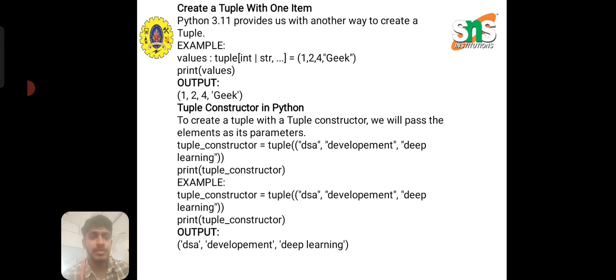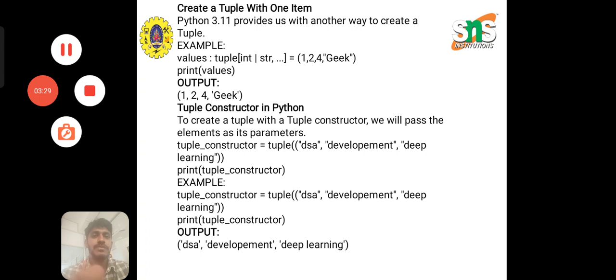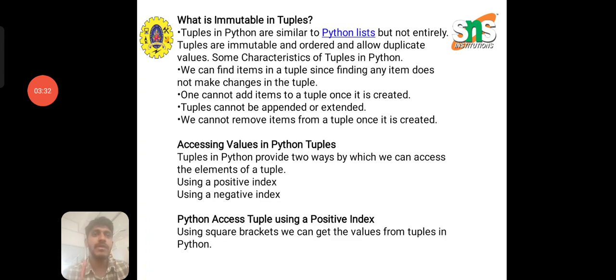Print the tuple constructor and the output will be DSA, development and deep learning. In the previous slide we used open and close brackets, and here we use the tuple constructor.